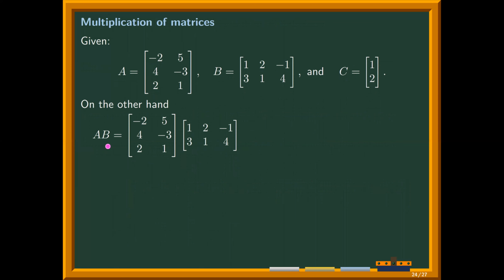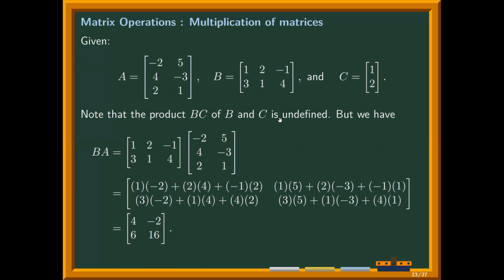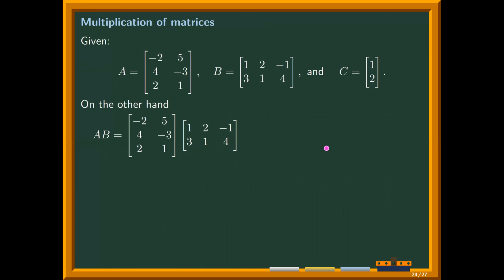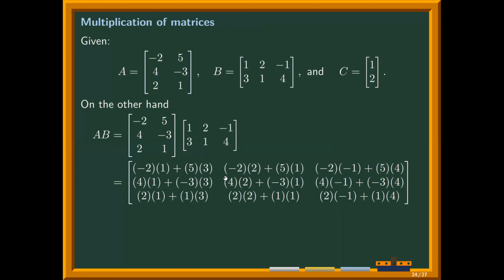Note that AB is also well defined because the number of columns of A, which is 2, agrees with the number of rows of B. So from our definition, the product AB should be a 3 by 3 matrix, and you can check that the entries in AB are as shown.